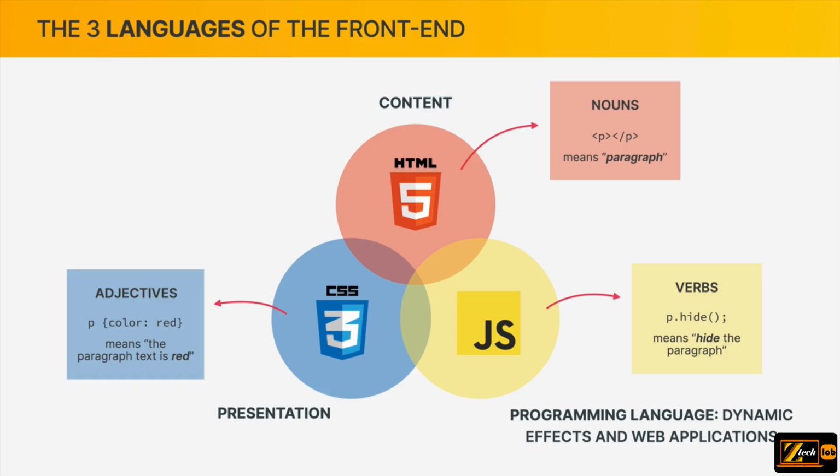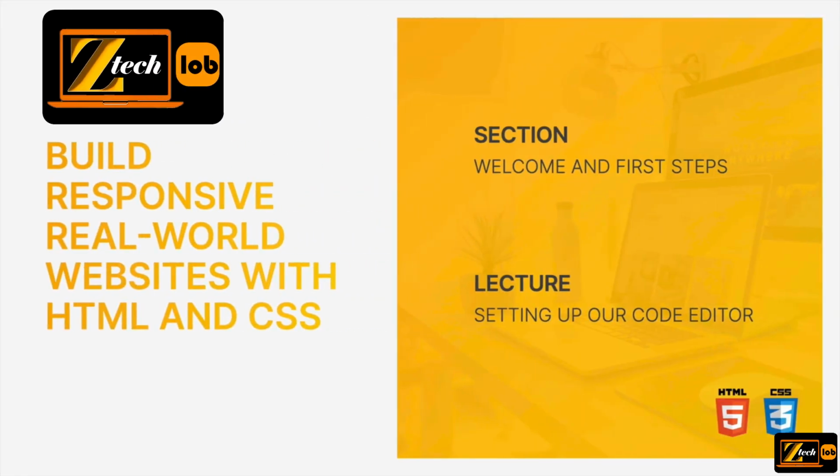All right. And with this, we finish our introduction to web development. And so we're now ready to start working with HTML and CSS code in this course. Now, before we can start writing a single line of code, we first need to install a special tool called a code editor.